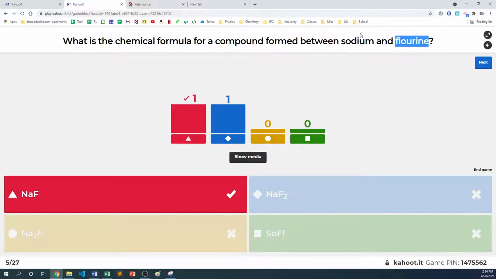Their charges cancel, so you only need one of each. So it's NaF. Y'all are going to need a periodic table and y'all's notes. Y'all need y'all's periodic table almost every single day, except for on test day, when I'll provide you with a new one.